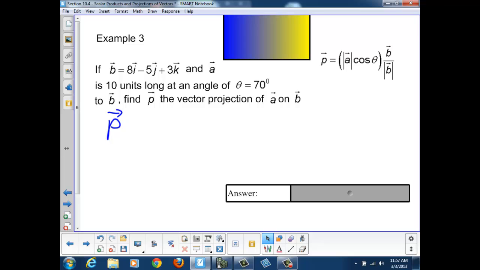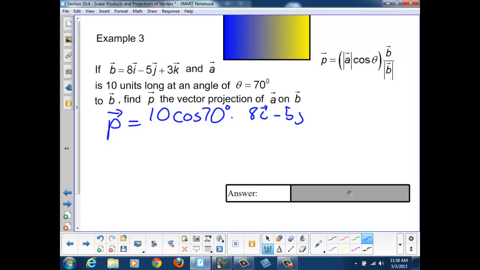So our length of A is 10. Then we multiply that by the cosine of 70 degrees. And then we multiply that by vector B, which is 8i minus 5j plus 3k, divided by the magnitude of B. And we get the magnitude of B by our super Pythagorean.